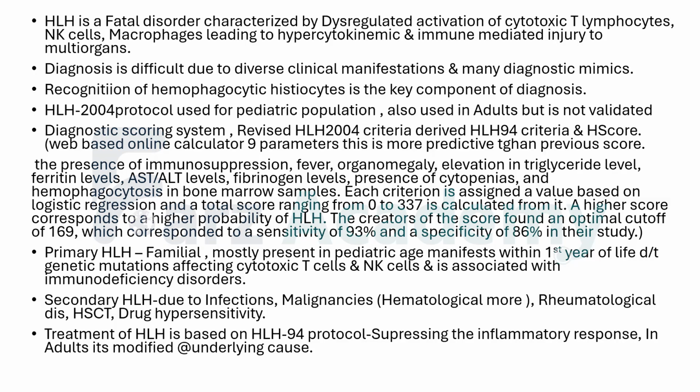The presence of immunosuppression, fever, organomegaly, either hepatosplenomegaly, elevation in triglycerides, ferritin levels, AST and ALT levels, more of ALT, and low fibrinogen levels, presence of cytopenias, so at least 2 cell lines will be suppressed, and hemophagocytosis in the bone marrow. So there are these 9 components. You put in numbers, and each criterion is assigned some value, and a higher score corresponds to a higher probability of HLH.